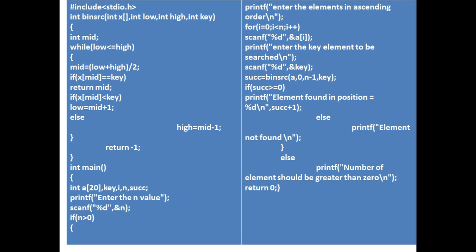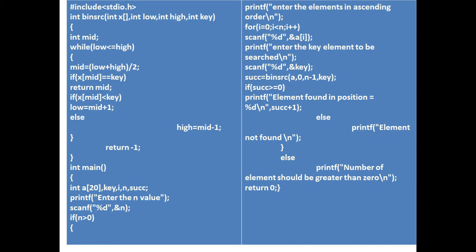Now again it will find the middle element in that half of the array, and compare it with the key element. Again it will check whether it is greater or less than the middle element. If it is greater than the middle element, it will remove the elements which come before the middle element, and keep only the elements which come after it. If it is less than the middle element, it will consider only the numbers which come before the middle element, and remove the elements which come after it.